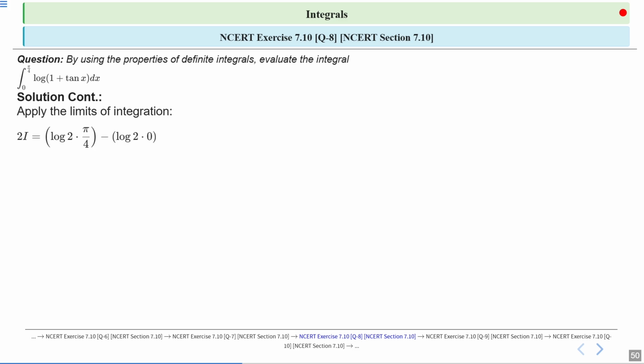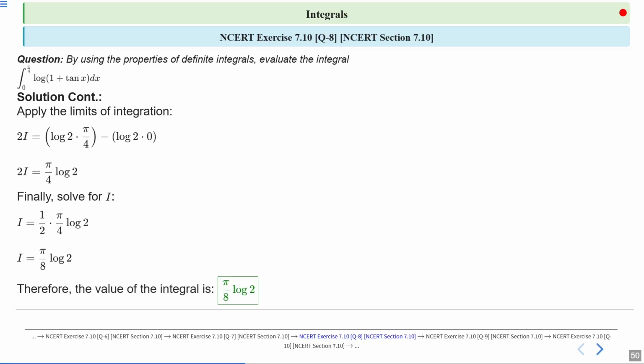So just apply the limits. So 2I is equal to log 2 times π/4 minus log 2 times 0. So it becomes π/4 log 2. So finally, solving for I, we get the value of I as π/8 log 2, and that is the value of the definite integral from 0 to π/4 of log(1 + tan x) dx.